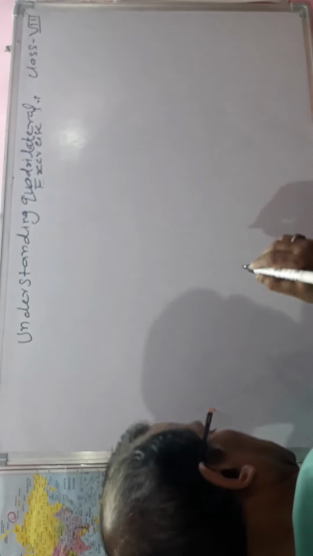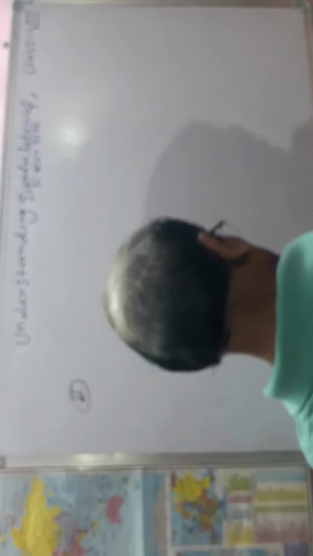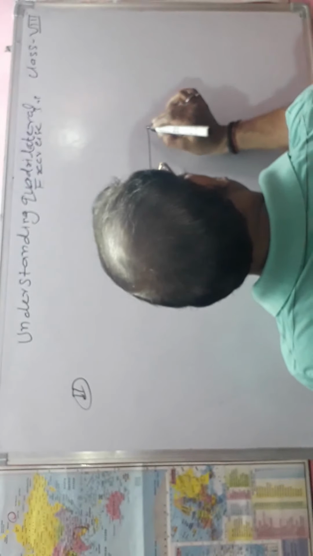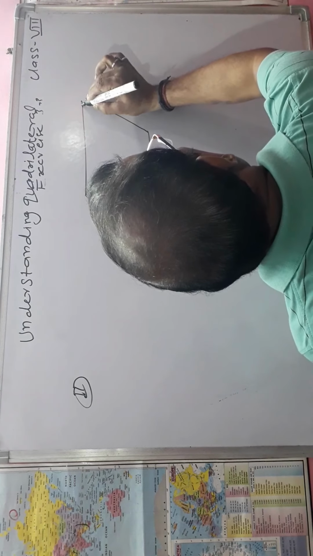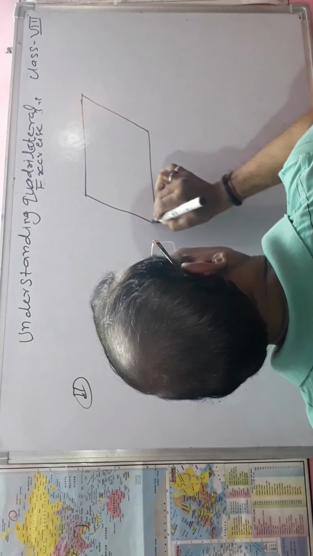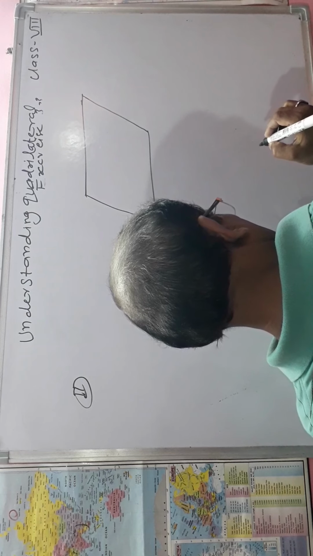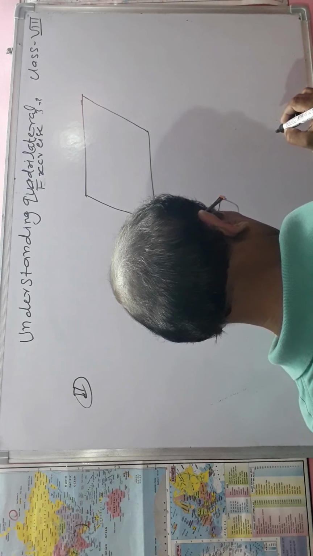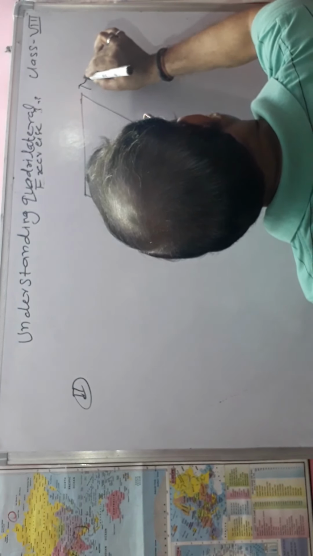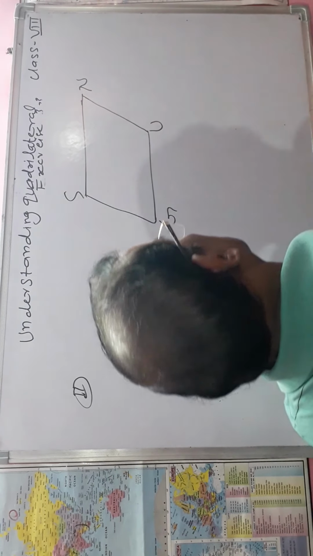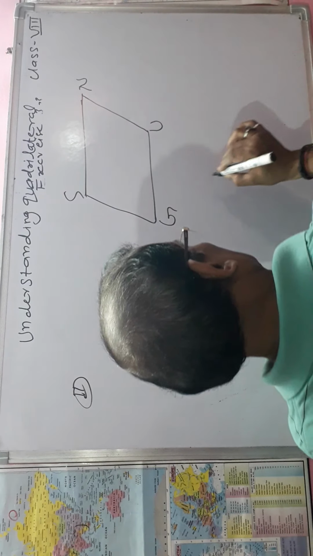Second part is this, of 7th, 8th question. A parallelogram whose sides are G, U, N, S. GUNS is a parallelogram.